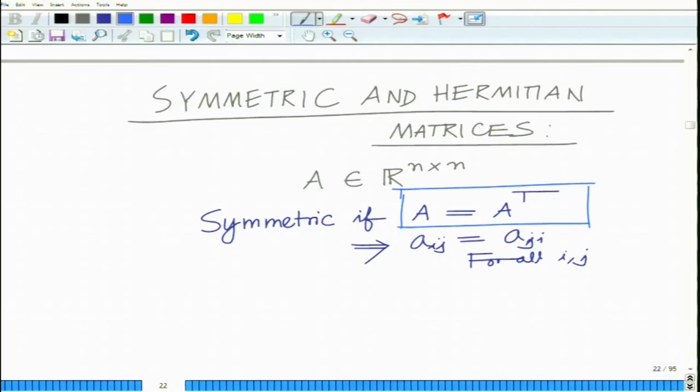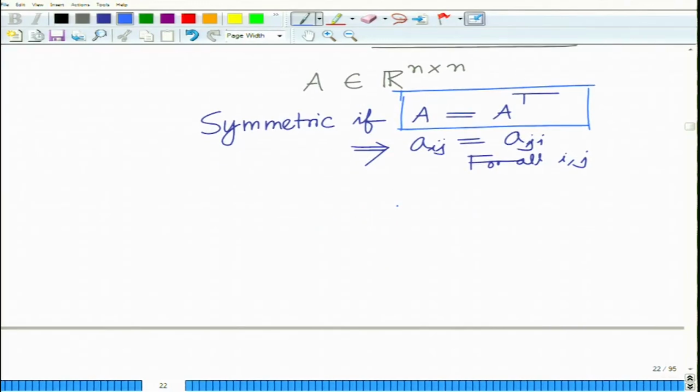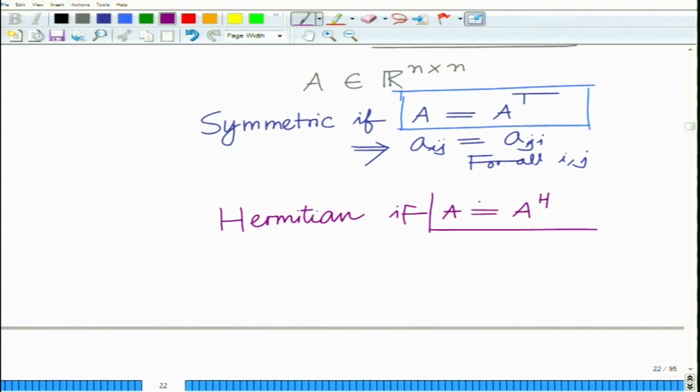A matrix is Hermitian, or Hermitian symmetric, if A equals A Hermitian. And what is A Hermitian? Let us say our matrix A is A11, A12, A21, A22 and so on.